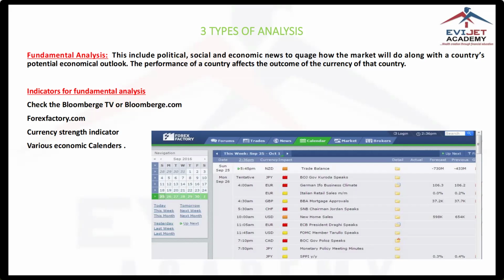All right. So some of the indicators for fundamental analysis are the things you look at, the tools you use. You have Bloomberg TV, all right, Forex Factory, currency strength indicator, and various economic calendars. There's a lot of them. Like this Forex Factory now is the one we use most, all right? For me as an individual, I use it so much. There are people who are glued to TV like Bloomberg and the rest just to get fundamental news on what is happening.